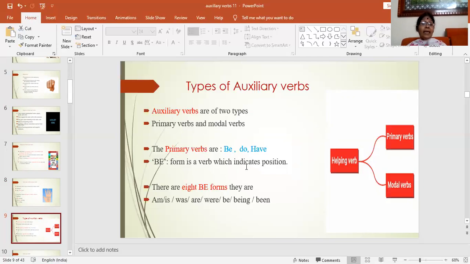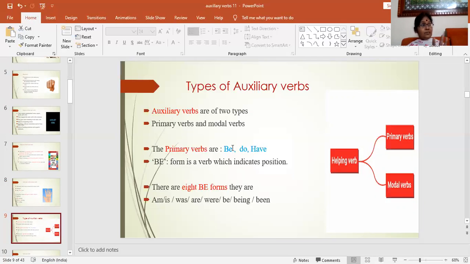There are 8 be forms. How many be forms are there? There are 8 be forms, and they are am, is, was, are, were, be, being, and been. So what we have learned is that helping verbs are of two types, primary verbs and modal verbs.